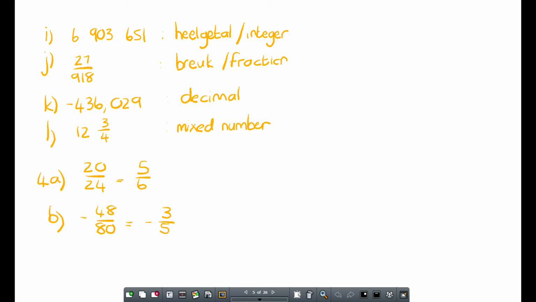Right. Now at 4, they asked me to write each of the rational numbers below as a common fraction in its simplest form. So you had to go and cancel out. Or for those of you that cheated, you used the calculator, but it specifically said without the use of a calculator. How are they going to know if you used a calculator?